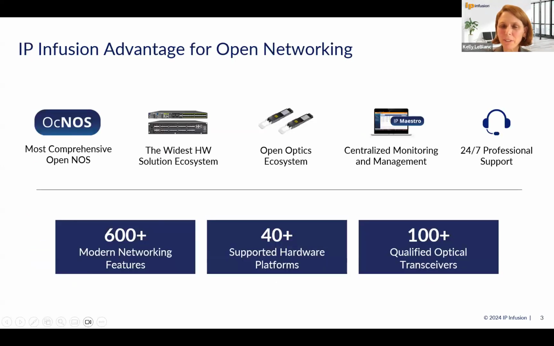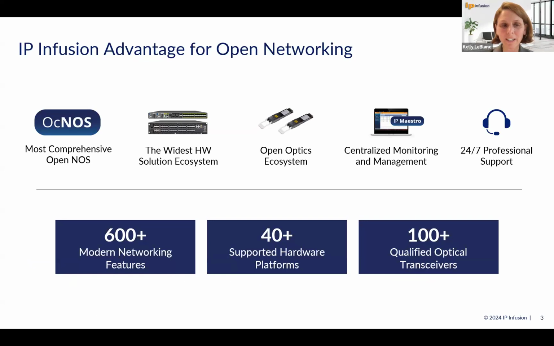Okay, so today we're going to be speaking about disaggregated networks, which at IP Infusion we call open networking. It really starts with the separation of software from hardware to give customers greater freedom and greater choice. So we do this with our OcNOS network operating system.